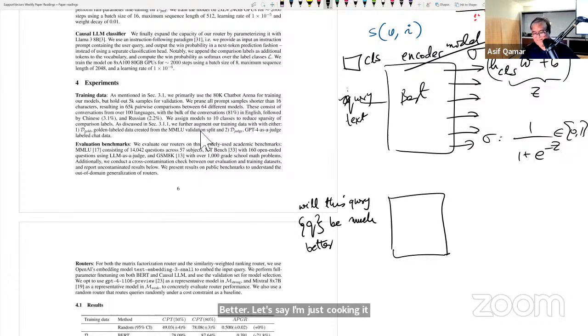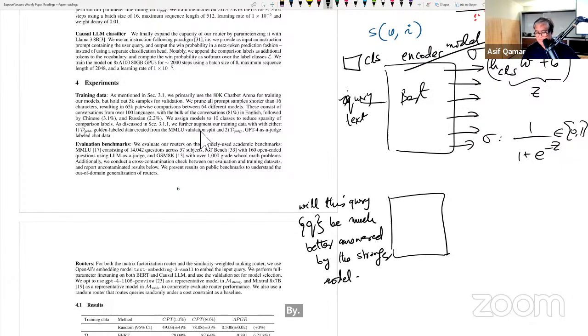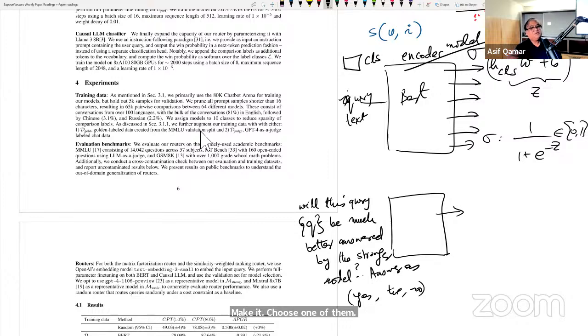I haven't checked the exact query. Answer as yes, tie, no, or something like this. Make it choose one of them. So you can use the answer to that. You can literally take a decoder model, basically a causal LLM, as your routing network and make it do that.